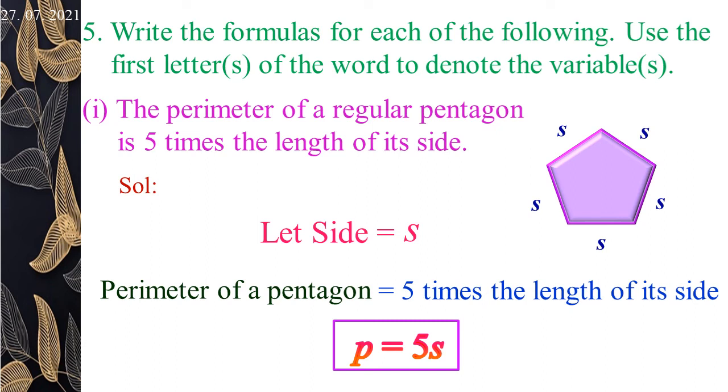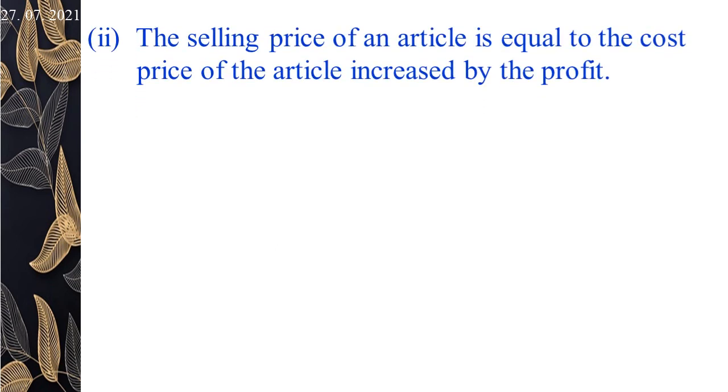Second one, the selling price of an article is equal to the cost price of the article increased by the profit. Let us find the solution. Now we have to write the formula. Use the sentence: the selling price of an article is equal to the cost price of the article increased by the profit.